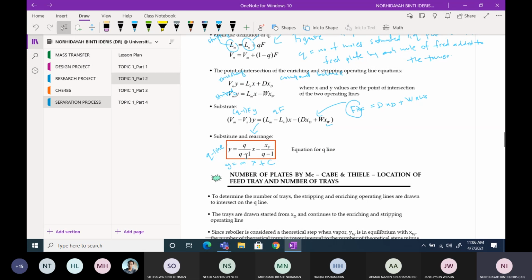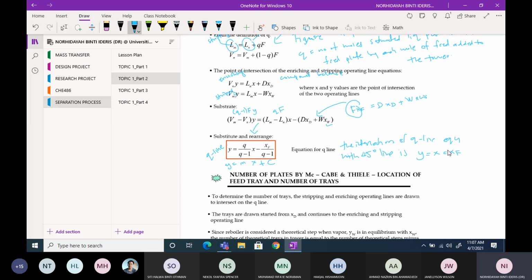Another important thing, inside the book it stated that the intersection of the q line equation with the 45-degree line is y equal to x equal to xF.